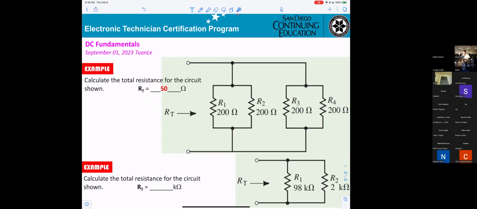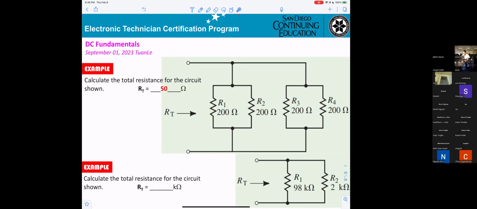R total, R1 and R2 in parallel. Okay, then you use the formula R1 times R2 divided by R1 plus R2. You get 1.6 kilo ohm.